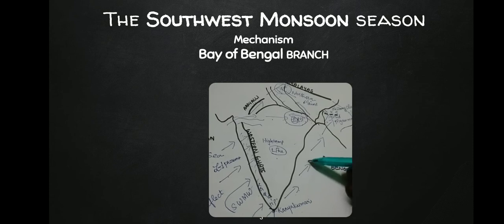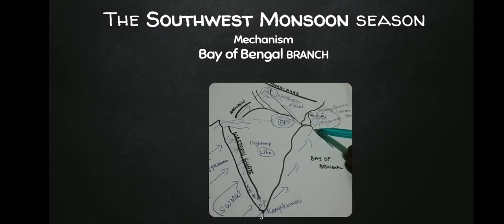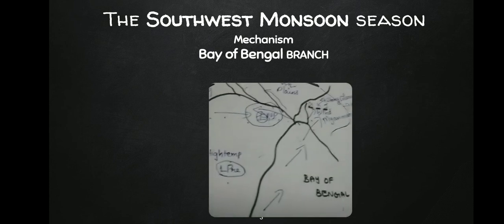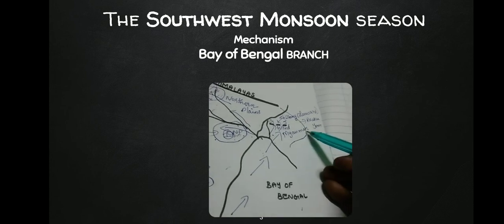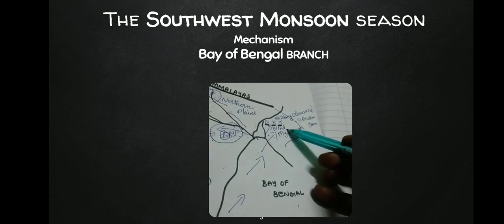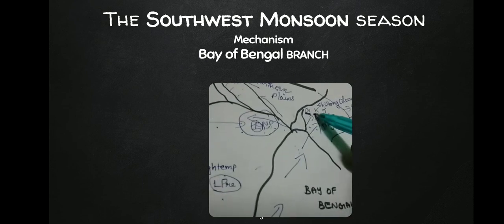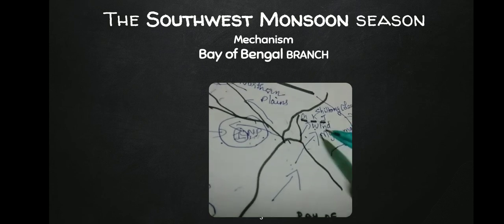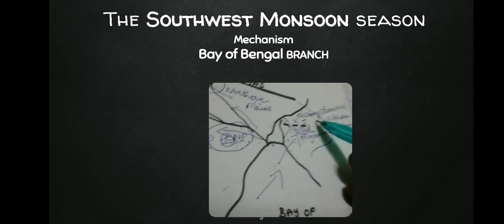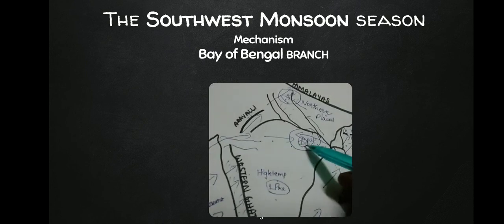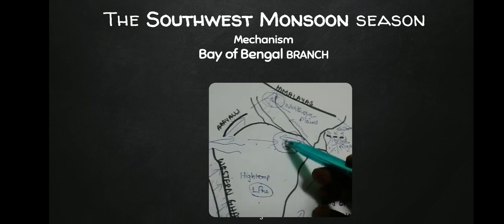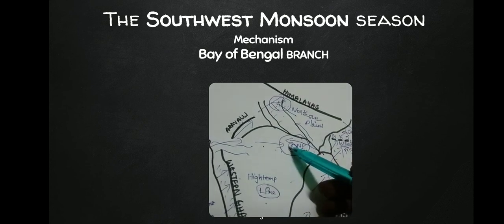The Bay of Bengal branch blows towards West Bengal and reaches Myanmar, where it hits the Arakan Yoma hills and gives rainfall in West Bengal. The branch which hits the Garo Khasi Jaintia hills gives heavy rainfall on the windward side, while on the leeward side the rainfall is less, and it takes a diversion and gives rainfall in the Chota Nagpur Plateau by meeting the Arabian Sea branch.